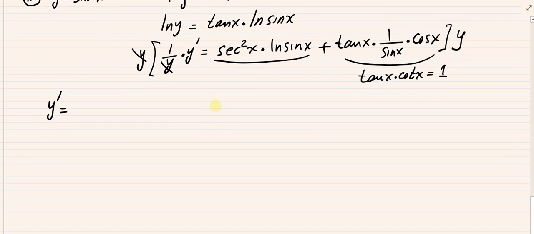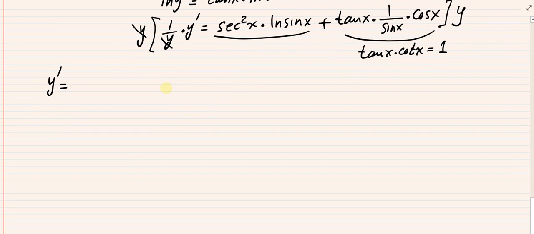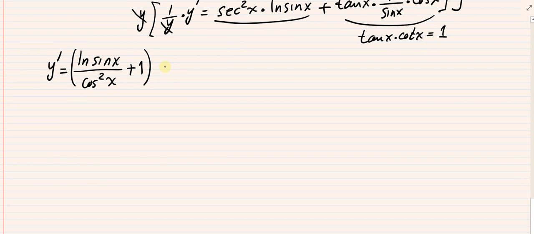That's y prime. Now, remember, y was sine x to the tan x. And because I have sine, I'm going to rewrite my secant as 1 over cosine. So this will be ln of sine x divided by cosine squared x plus 1, and that is getting multiplied by sine x to the tan x.